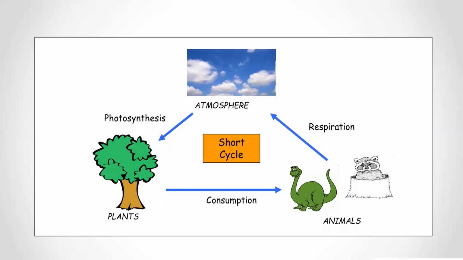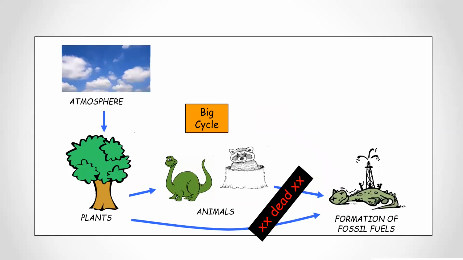If we go for a little bigger cycle, when fossil fuels are also involved, we can check now. From the atmosphere, plants are taking carbon dioxide. Plants are converting carbon dioxide into glucose and food, and this food is eaten by animals. Animals die, or sometimes plants die, and they form fossil fuels after millions and millions of years.